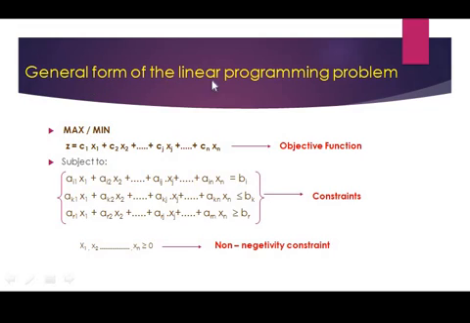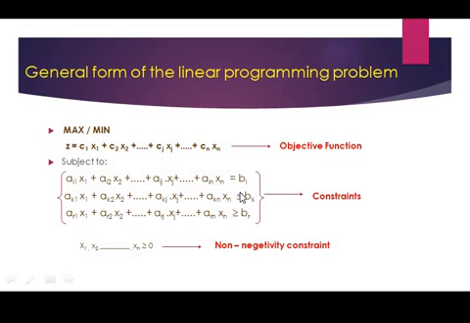So when I am looking at the general form of linear programming problem, first I'll have max or min, then the objective function itself subject to certain number of constraints. These constraints are also linear functions which may be equations. If at all I have equal to, I call it equations.